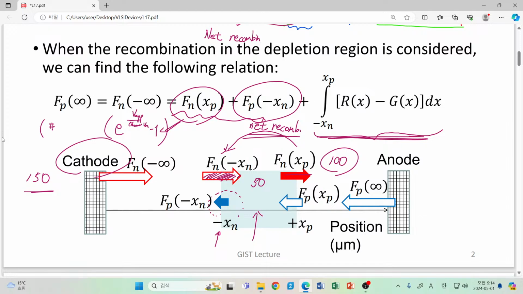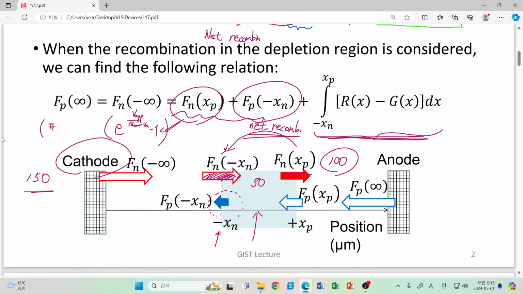to evaluate this quantity. Everybody can understand this is not an easy task, because when you do such an integration, first of all you have to understand the form of R over X and G over X. In order to understand this quantity, you have to assume a certain form of your electrostatic potential, and even in quite a simple case, it just looks like a parabola.